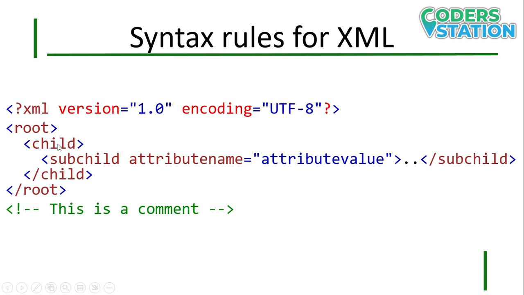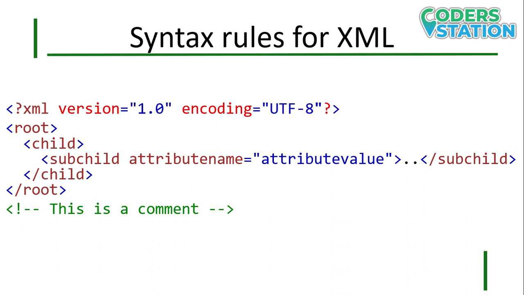Then in this root tag there should be a child tag, and in the child tag we can also mention as many subchilds as we want. To each and every tag, we can also mention our own attribute with its value. Root, child, subchild, attribute names we can give as per the convenience of the data that we are storing in that particular file.